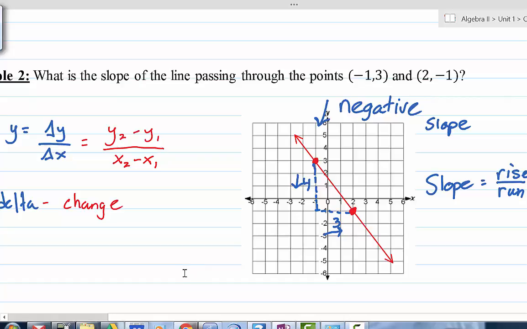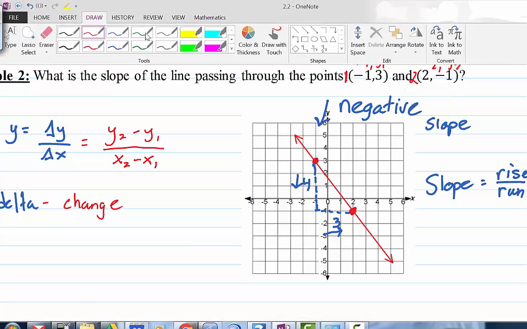Now here's the thing, we're given 2 points. We're given this point and this point. Let's say this point right here, point number 1, has an x1, y1. Point number 2 has an x2, y2. I'll call this point 2. So we can just start filling that stuff in, right?